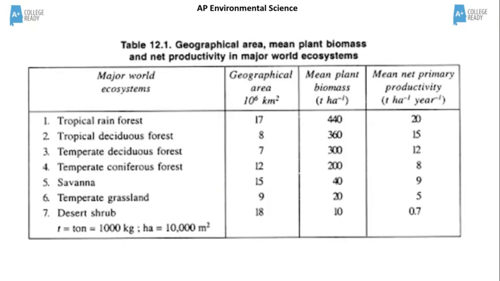In Table 12.1, we see several different ecosystems and their geographical area, mean plant biomass, and mean net primary productivity. Notice as the mean plant biomass decreases, the net primary productivity decreases. The tropical rainforest has the highest net primary productivity, and the desert shrub has the least.